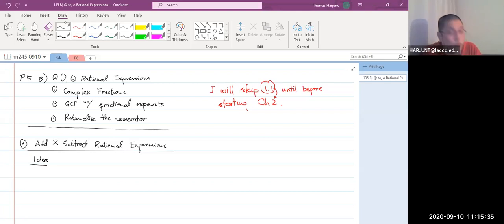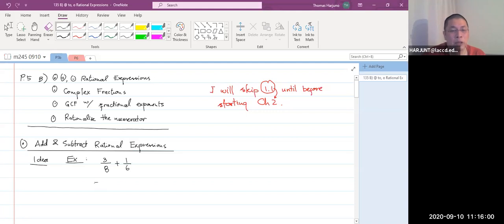So let's go back to 4.5. The next topic we would like to go over is to add and subtract rational fractions. The basic idea is something we have from pre-algebra. Let's say we try to add 3 over 8 plus 1 over 6.